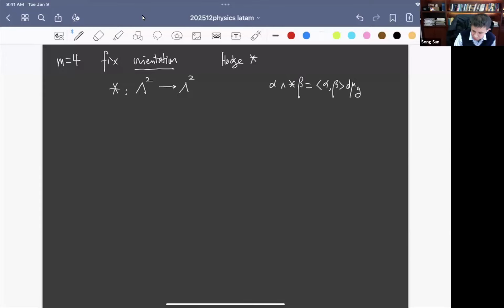You can take this as a definition: α ∧ *β = ⟨α, β⟩ dvol_g. The point is that star squared equals 1, and it's a symmetric operator. So it decomposes Λ² into eigenspaces, Λ⁺ direct sum Λ⁻. These are where *α = α, and where *α = −α. The first is called self-dual, and the other part is anti-self-dual.